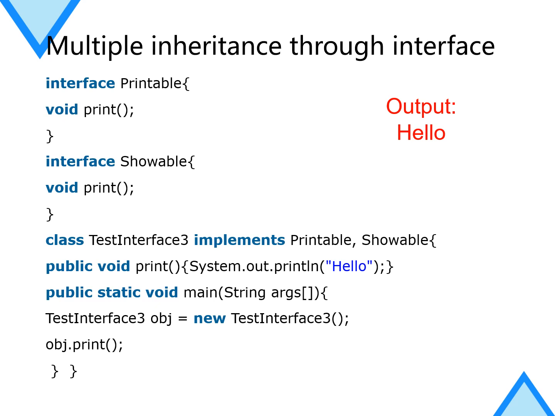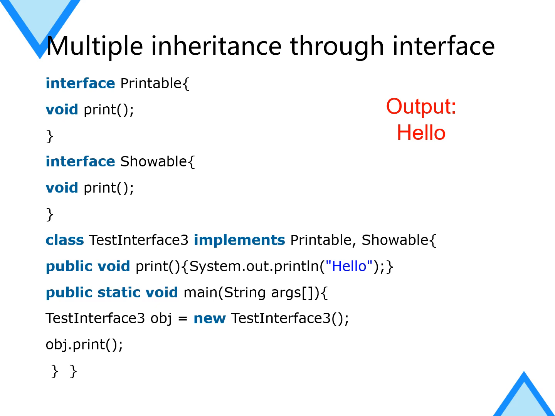We achieve multiple inheritance through interface without any ambiguity, because even though two interfaces have the same method, these interfaces only have the definition and the implementation is only one, so it will call that implementation.